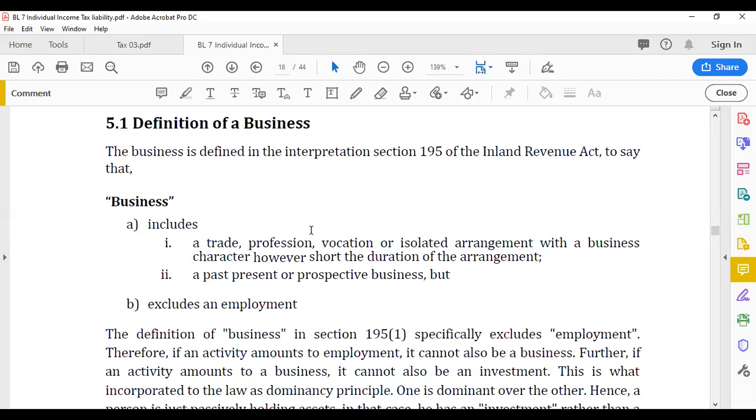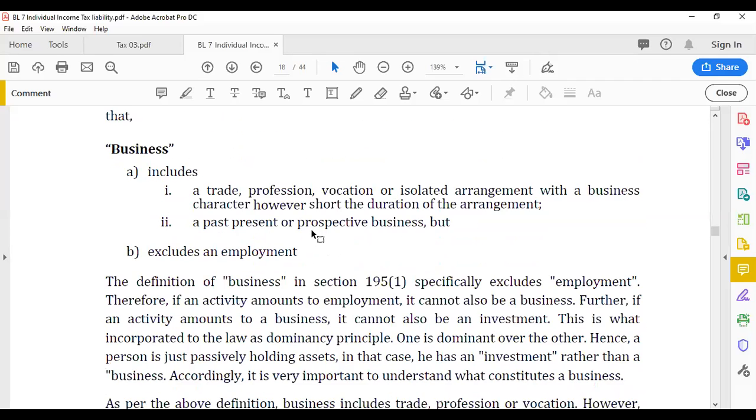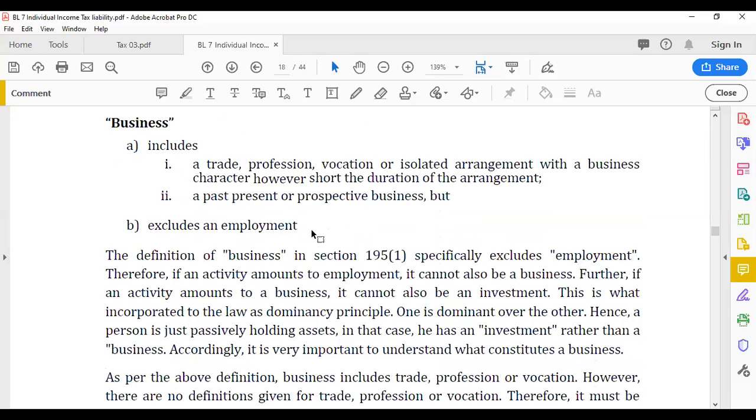Business includes a trade, profession, vocation, or isolated arrangement with a business character, however short the duration of the arrangement, and a past, present, or prospective business. But it excludes employment income.